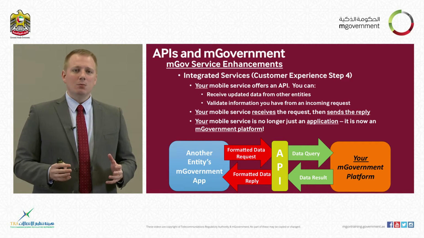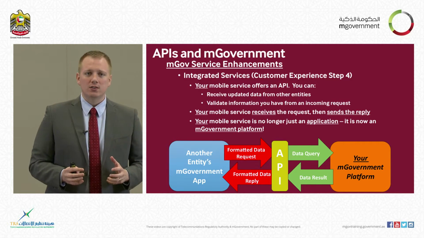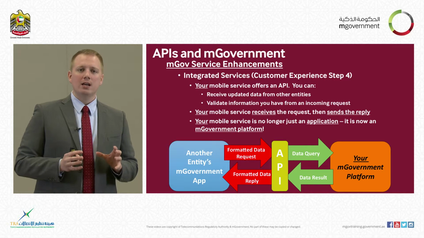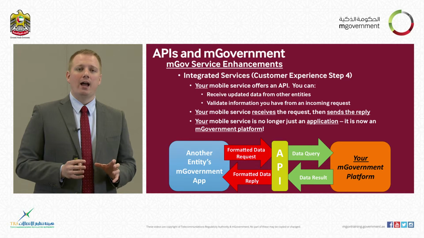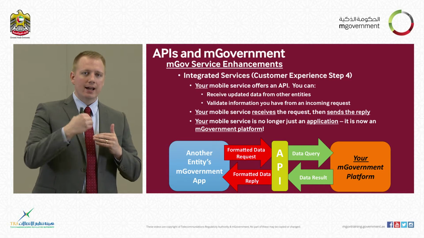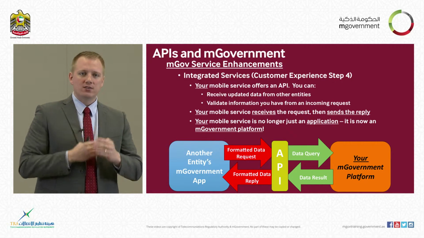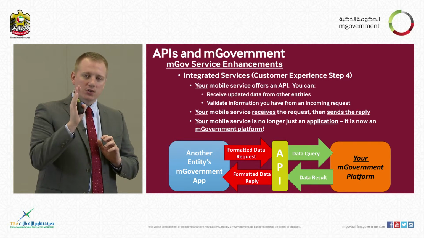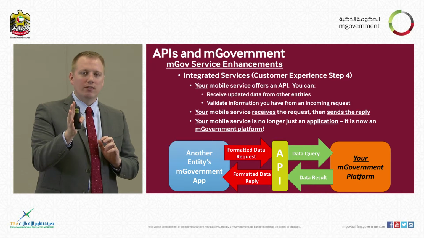So Emirates ID would establish what would be an integrated service. They would create and provide an application programming interface, an API, that other entities can connect into, that they will then process the received data and send a response back to them so that that entity will have an improved service for their user.